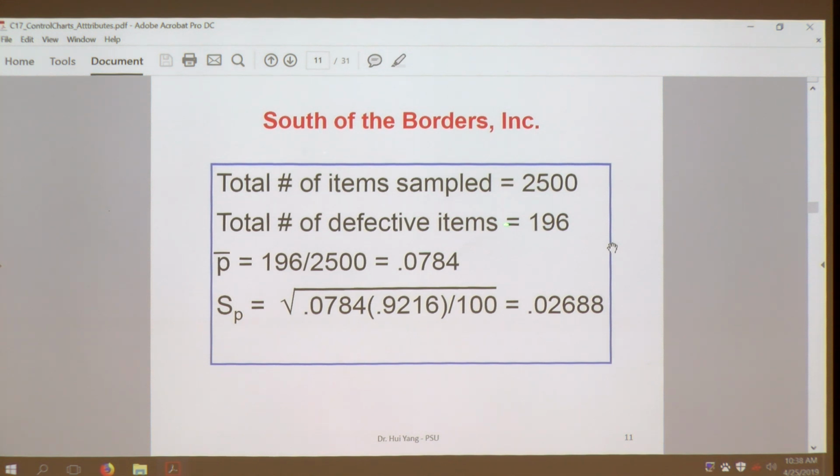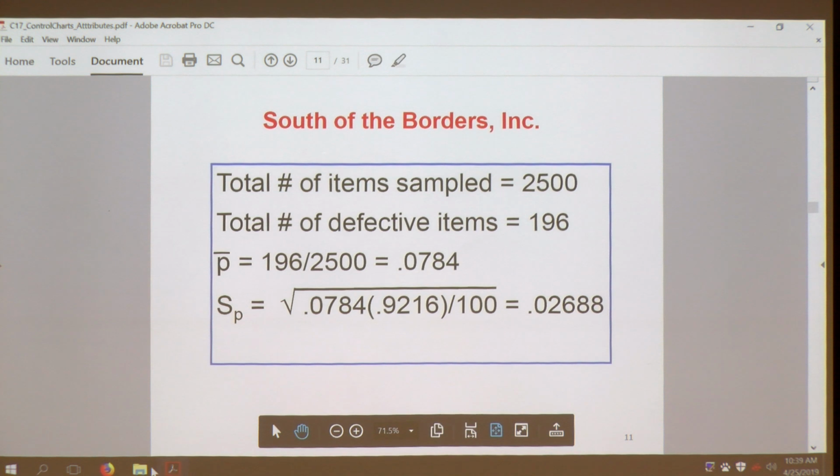Total number of defective items, 196. So this is our P bar, and this is SP. With P bar and SP, we will be able to derive the center line, and then 1 standard deviation above and below, 2 standard deviation lines above and below the center line, and also the control limit, 3 standard deviation below and above.